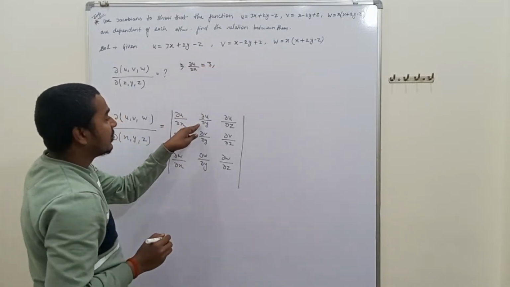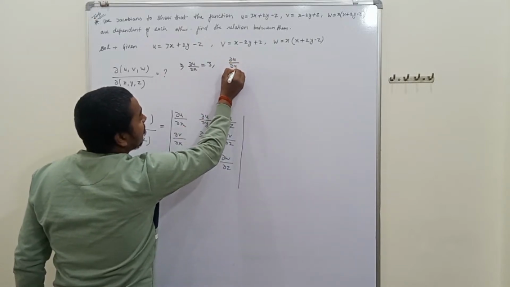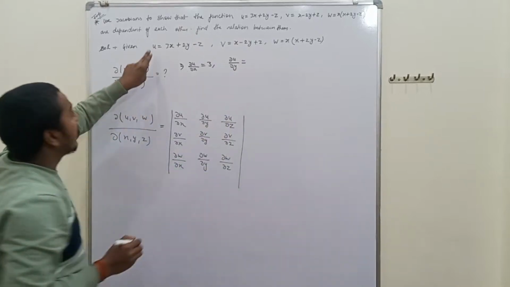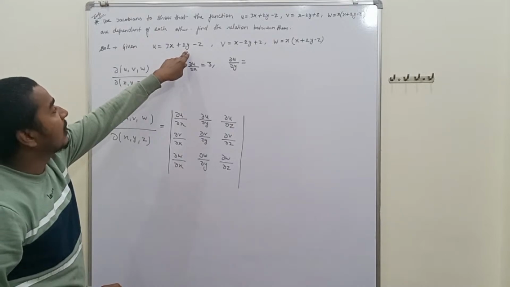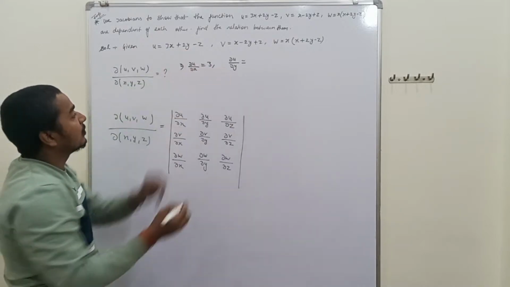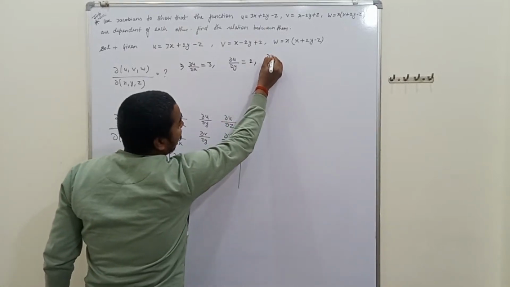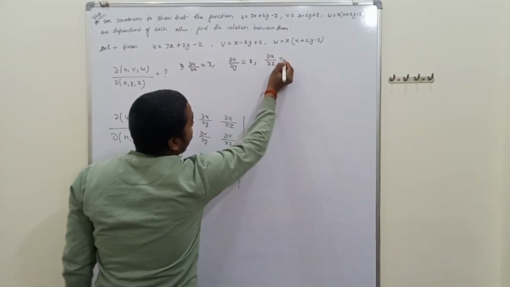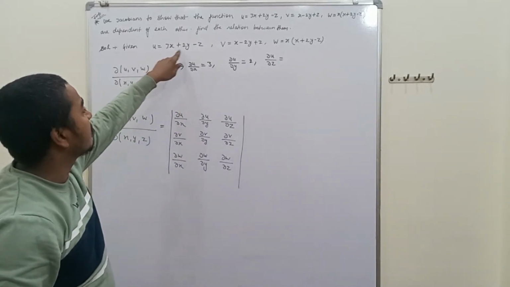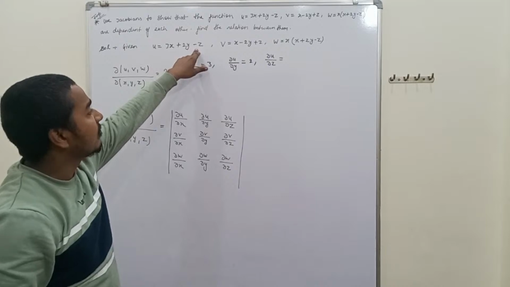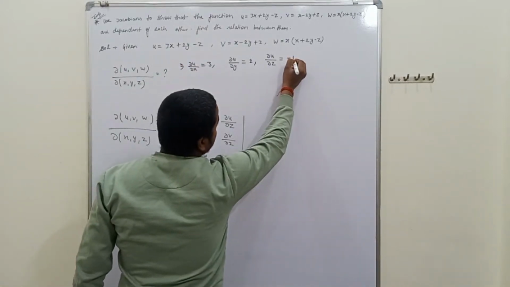Further, del u upon del y: differentiating partially with respect to y, that is 2. Further, del u upon del z: differentiating partially with respect to z, that is minus 1.